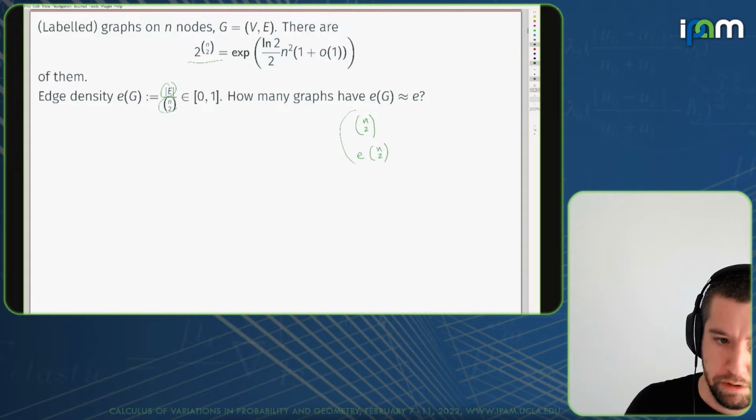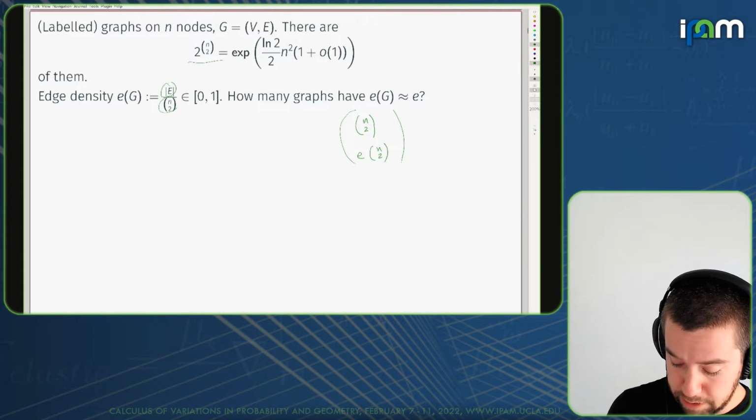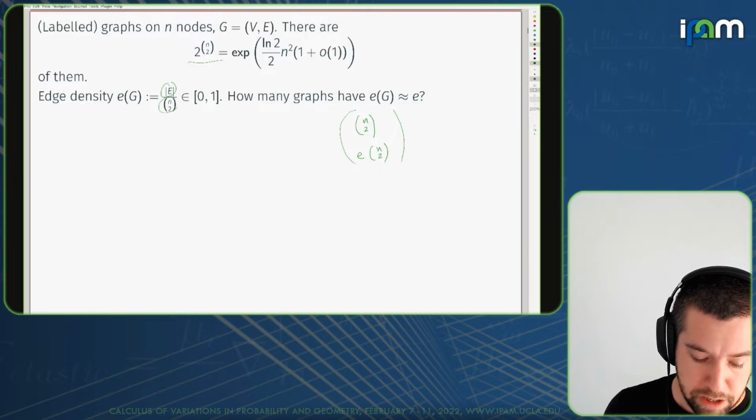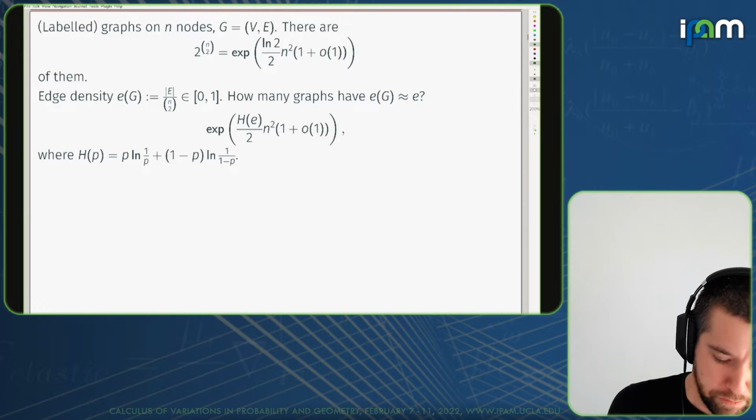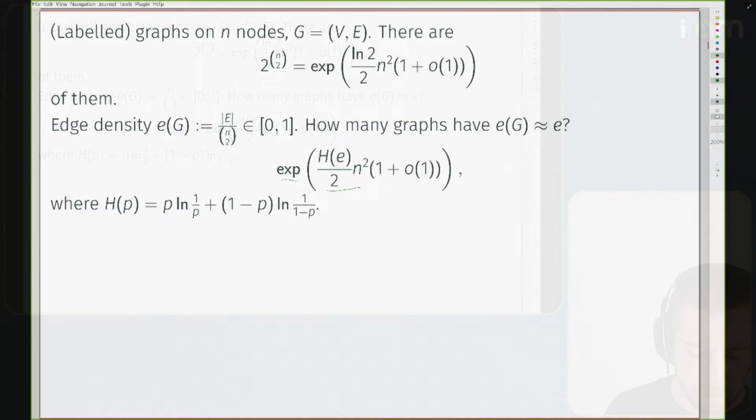So n choose 2 choose e times n choose 2. And you can approximate this using, say, Stirling's approximation, and you get, again, an answer in the form of e to the something times n squared plus lower order terms. Okay, and here the constant in front of the n squared is this function that we all know and love, the binary entropy function.